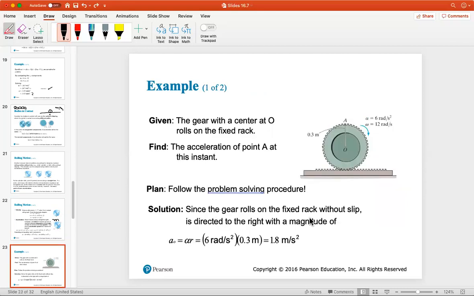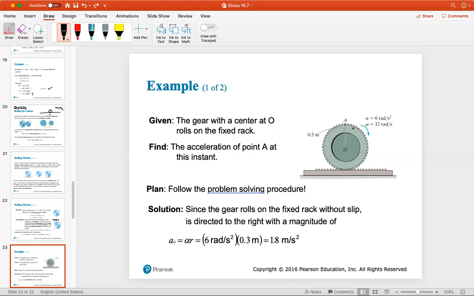All right, here's the following example. We have a gear wheel, or a wheel with gear teeth, rolling on a rigid or fixed surface. We're going to assume that the rack is not moving. The center we're going to call O. They give us the radius and the angular quantities. Notice, I'm going to correct their conventions here.